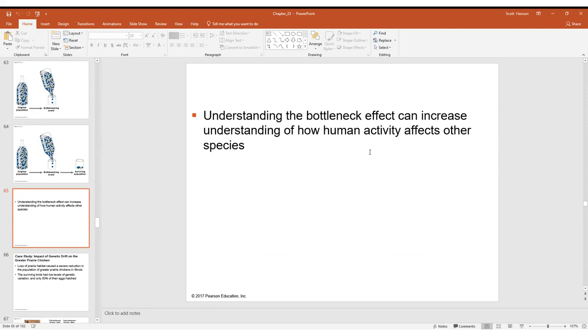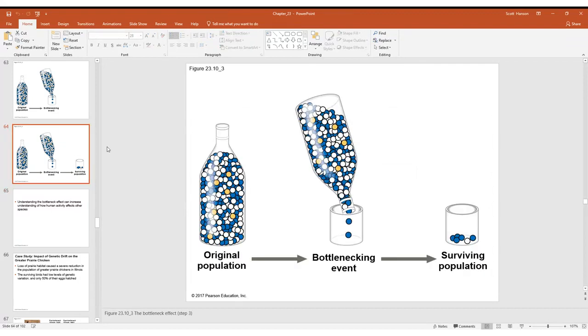So understanding this bottleneck effect can increase understanding of how human activity affects other species, because a lot of times human activity can cause a bottleneck effect. For example, we can tie this into a cultural theme. Back in the 1870s, unfortunately, a lot of buffalo hunters went out and slaughtered almost all the buffalo, all the bison on the Great Plains.